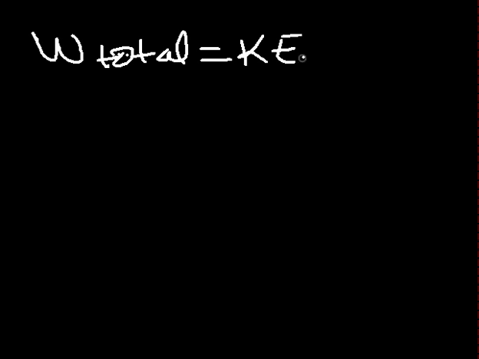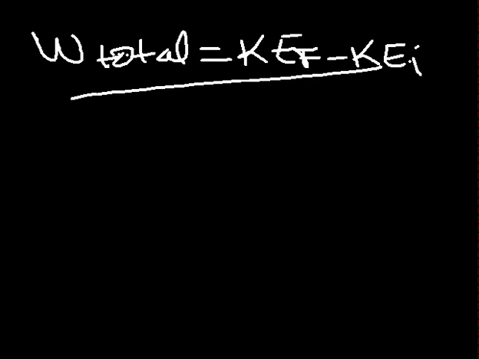Which means the total work done on the object, due to the motion of the object, is equal to the final kinetic energy minus the initial kinetic energy. This is what you call the work energy theorem.